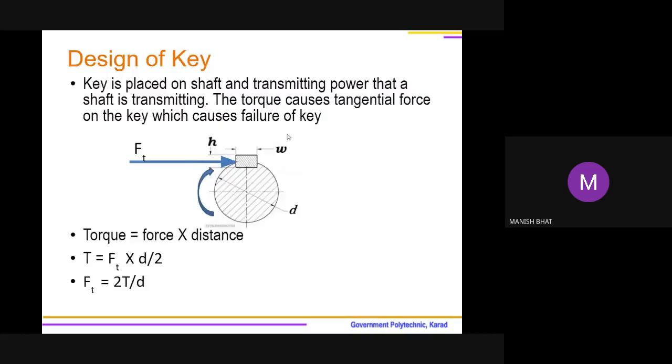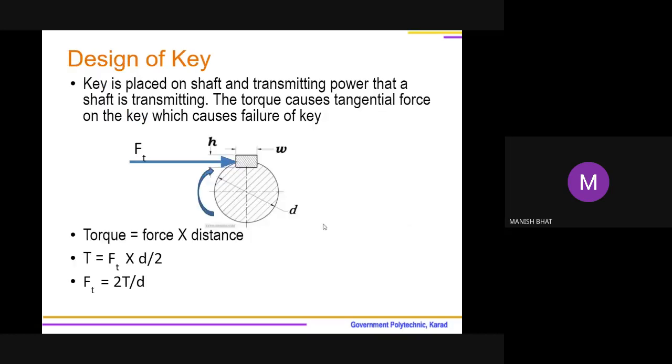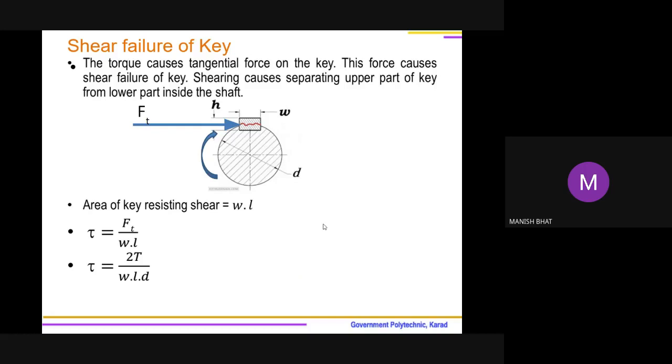From this diagram you can imagine that when failure takes place here, this is the area which is going to resist shear. So W multiplied by L is the area which is going to resist this shear. So the equation becomes tau is equal to Ft upon W into L.